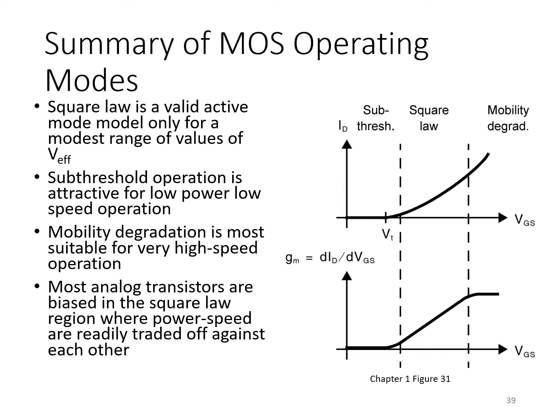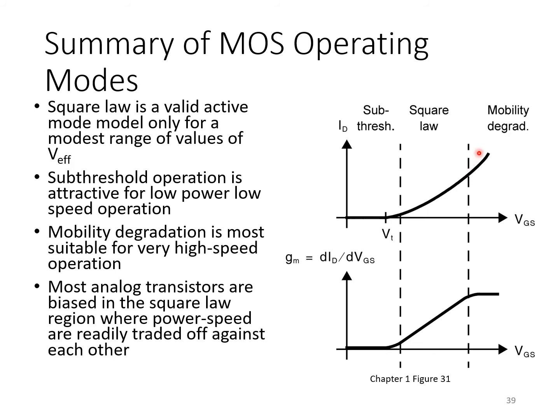On the other hand, when we're interested in very high speed operation, we're more likely to operate up here, because essentially that's where we're using the smallest possible transistor while getting the most possible gm, the most possible transconductance out of that tiny transistor. So if you pump a lot of current through a transistor with a small W/L ratio, you inevitably will have a relatively large V effective.